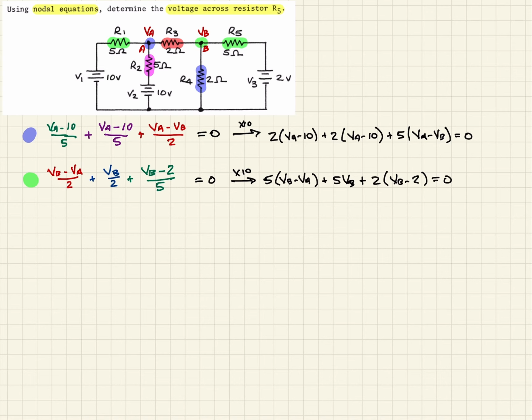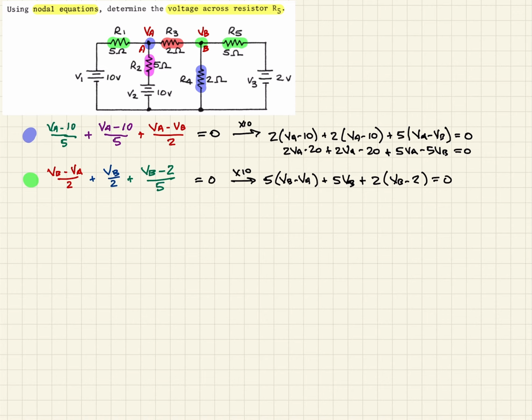And then we can multiply through. The top one will be 2VA minus 20 plus 2VA minus 20 plus 5VA minus 5VB, equal to 0.